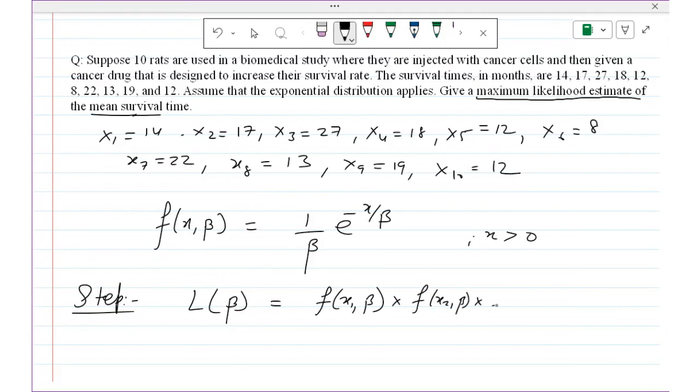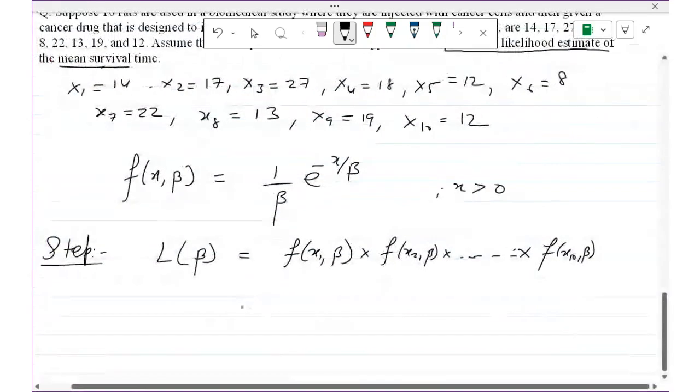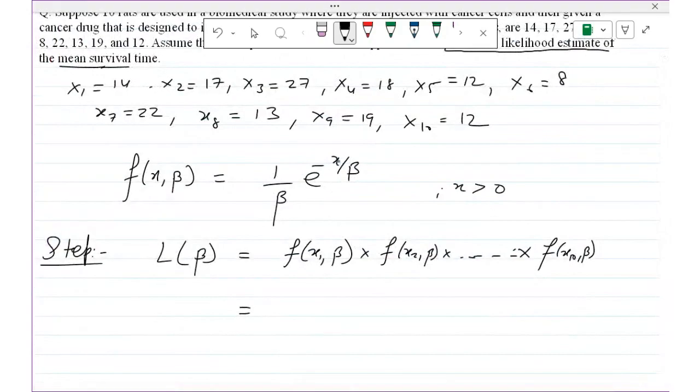How many values do I have? I am given 10 values, so I am doing till 10 only: f of x10 comma beta. We can also do it in general, taking till xn. So now in place of x, we will put x1, x2, up to x10. I will put the values in the end, but just I am writing here x1, x2, and so on.